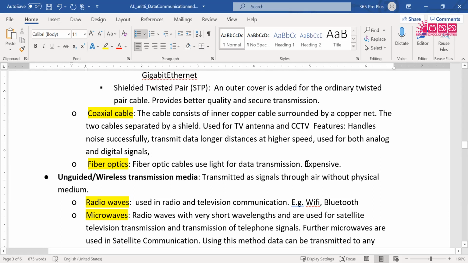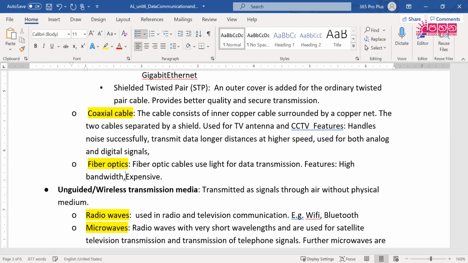So we can say features: high bandwidth. Right. So it's basically expensive.